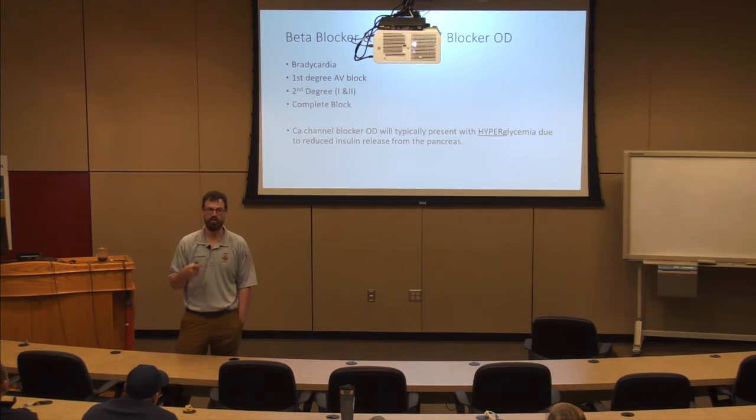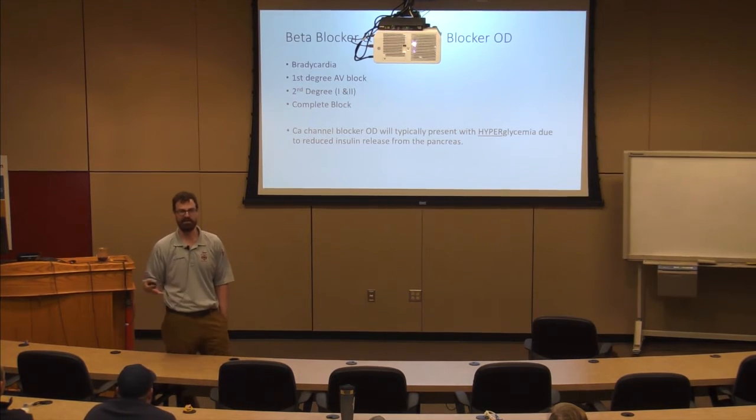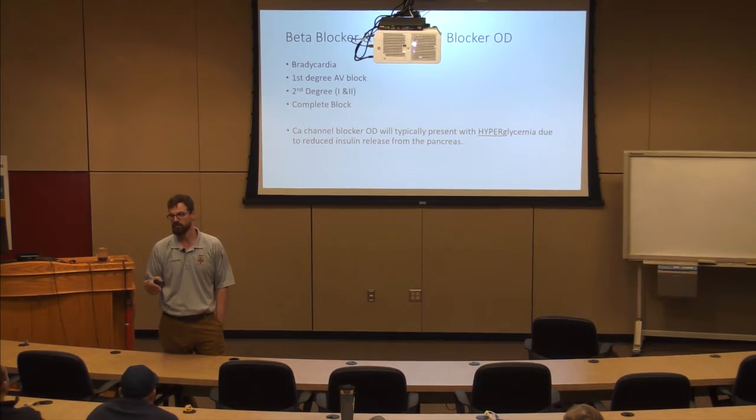The dose for overdose that we start at, again, until you get the effect you want, is going to be 0.1 milligram per kilogram. So I need 10 milligrams in a 100 kilo patient, or 7 in a 70 kilo patient. And it's hard to come up with that much glucagon.